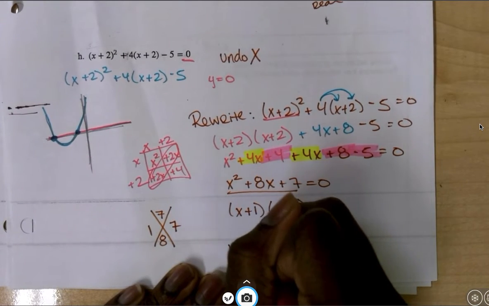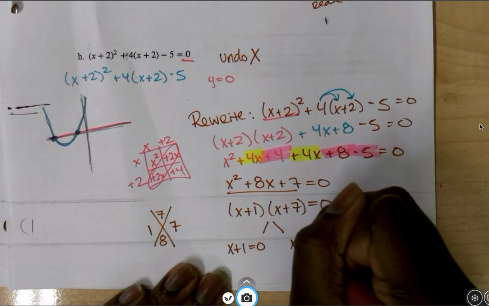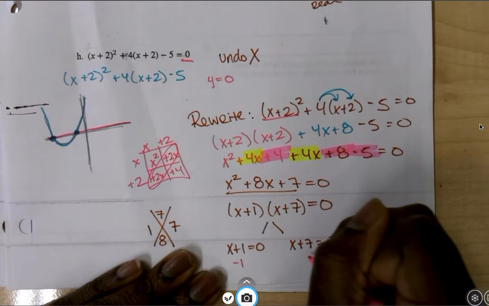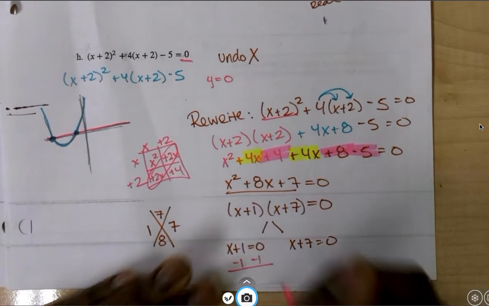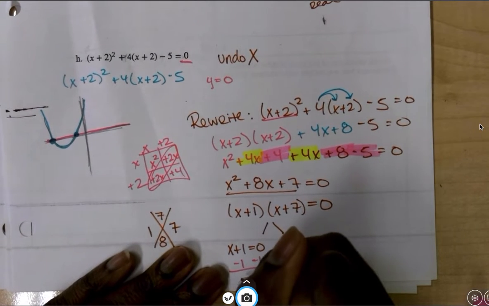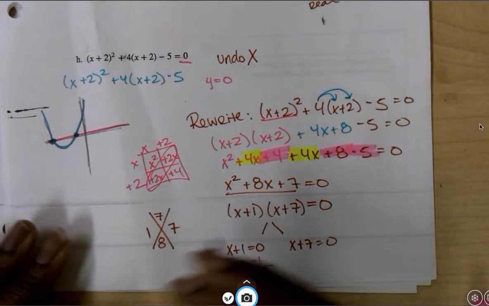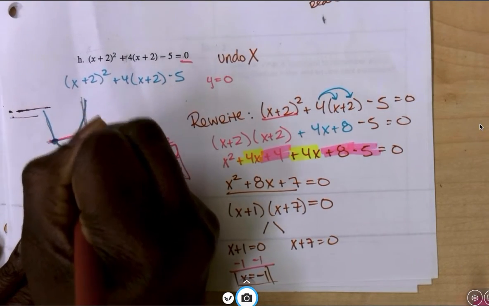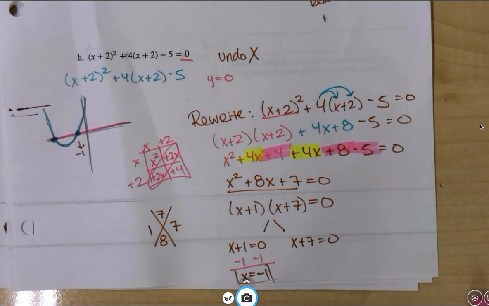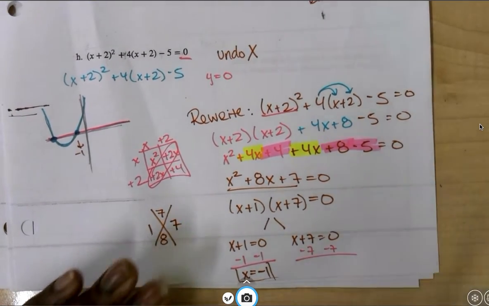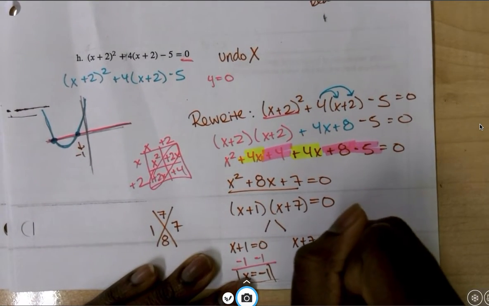I have x plus 1 is equal to 0. I also have x plus 7 is equal to 0. So I'm going to subtract from both sides. So my first answer is x is equal to -1, which is what we saw in our calculator. And we also are going to do the same thing with the plus 7. So now your x value is equal to -7.